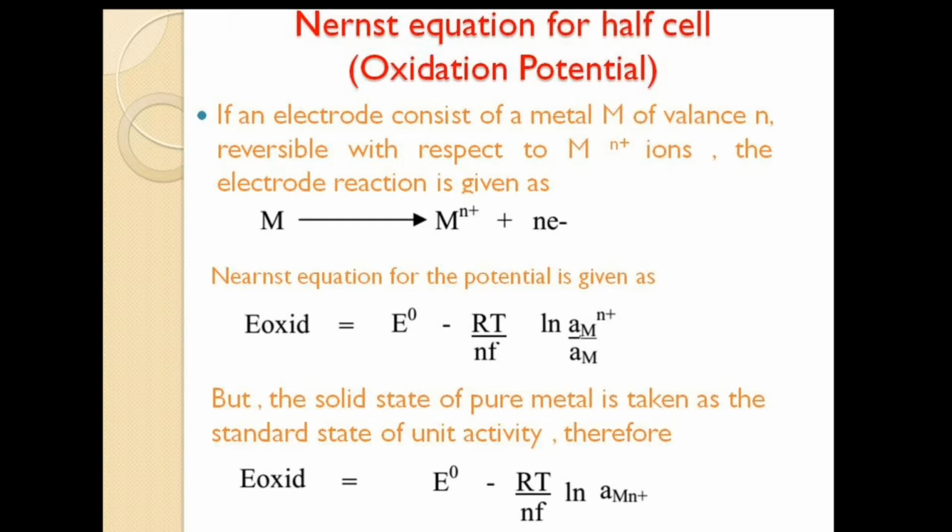Now this is the product side and this is the reactant side. That's why here it is a M n+ divided by a M. But since a M, the activity of pure metal, is considered as 1, E oxidation becomes E0 minus RT upon nF ln a M n+.